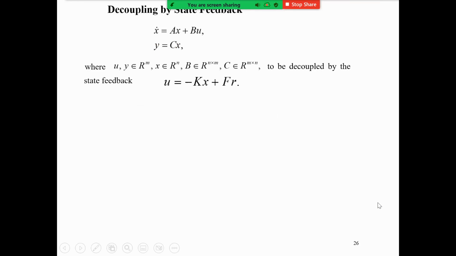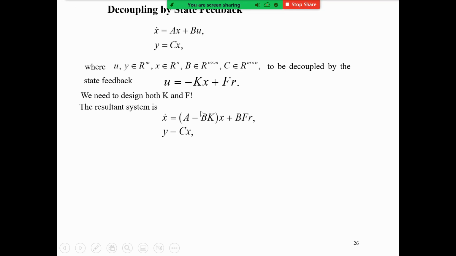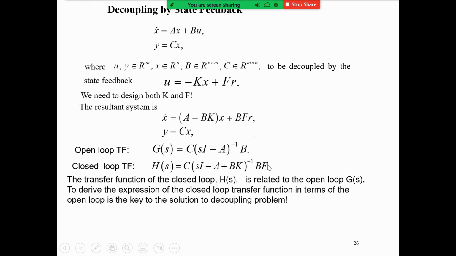Okay. There are two ways. One is to decouple by state feedback. This is the time where you have to design both K and F together. Then you plug this into the system and you get the closed loop. We write the transfer functions: this is the open loop transfer function, and this is the closed loop transfer function.